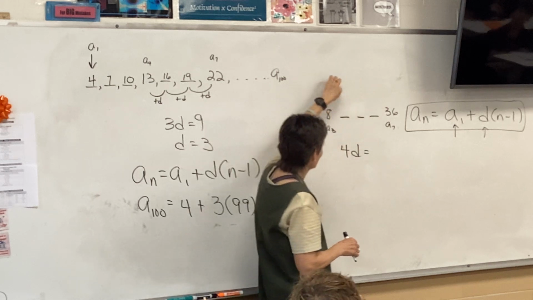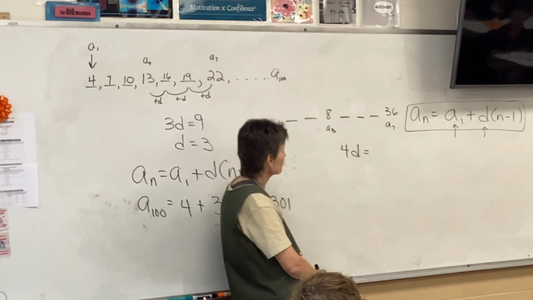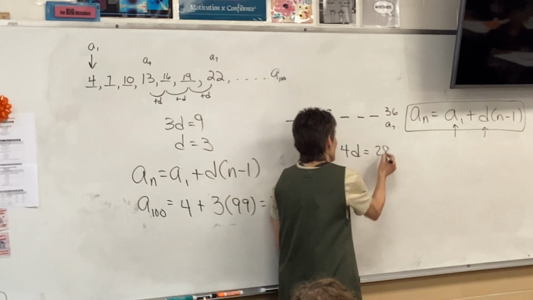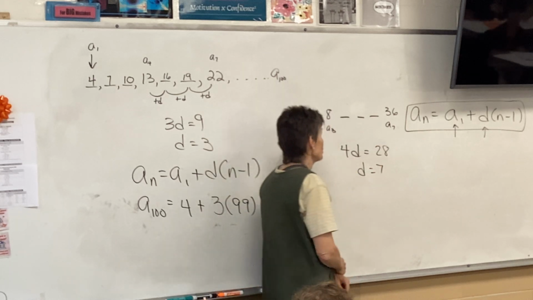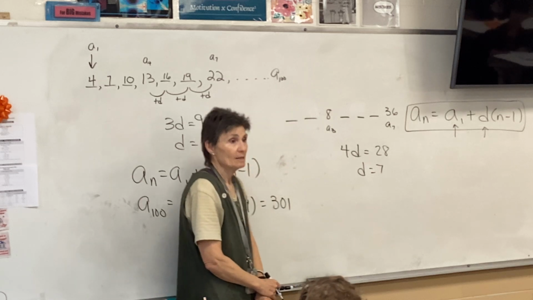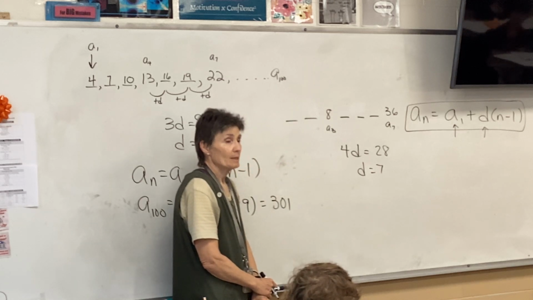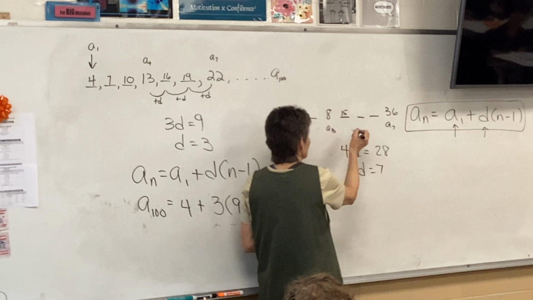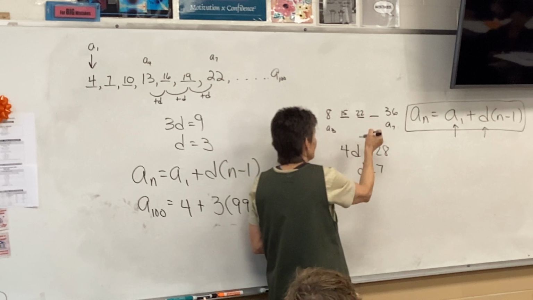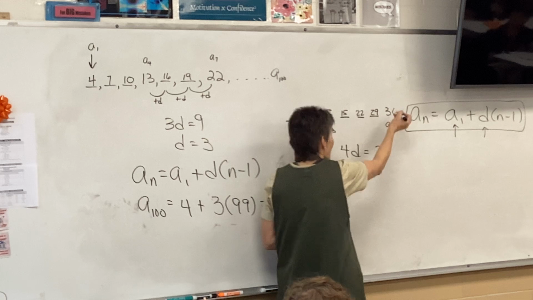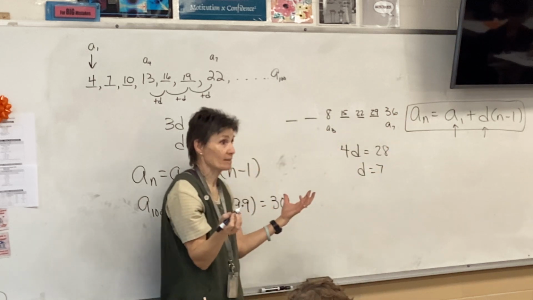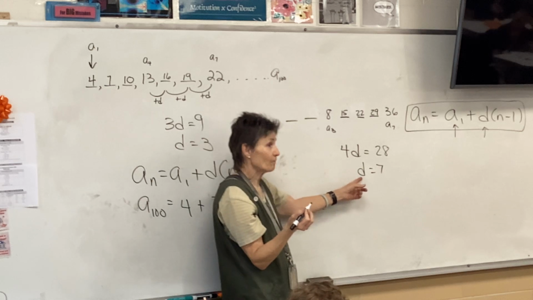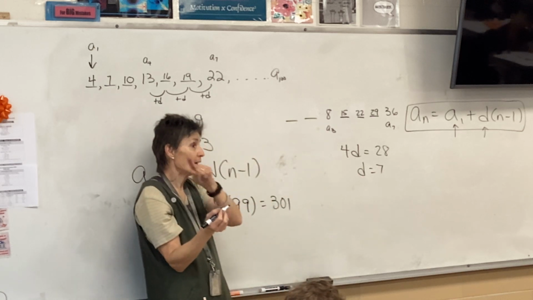What is this total distance here? 28. So each addition must be 7. And you can check that, because if you add 7, add 7, add 7, and add 7, you better end up with 36, right? And we do. So our common difference, the number we add, is 7.